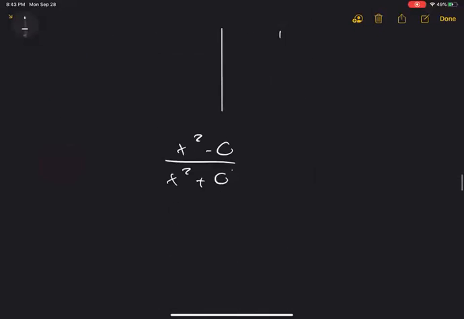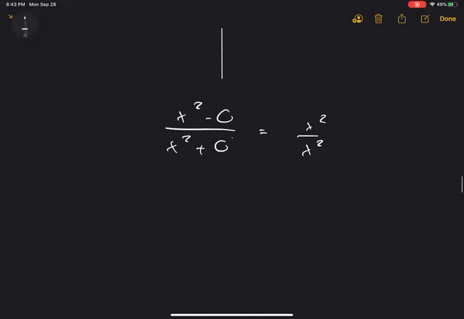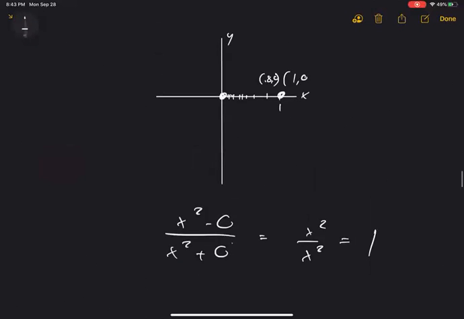Which is equal to x squared over x squared. So no matter what x value I plug in, if it's like 0.1 or 0.0004, whatever, this fraction is going to simplify to 1. So all along this x-axis, my function values are equal to 1.